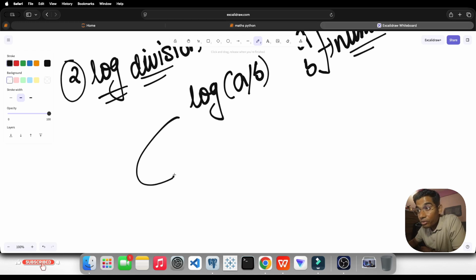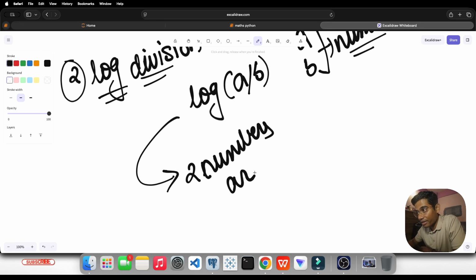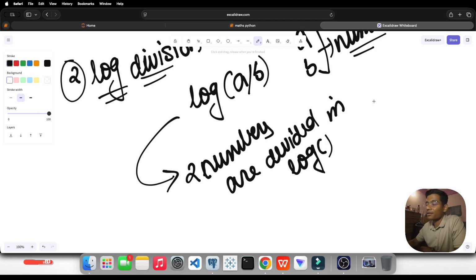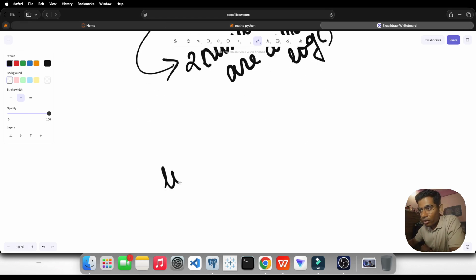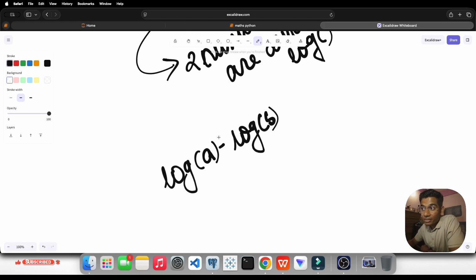When you see two numbers are divided in log, what is your direct observation? It is log a minus log b. In multiplication it was plus, in division it is minus.